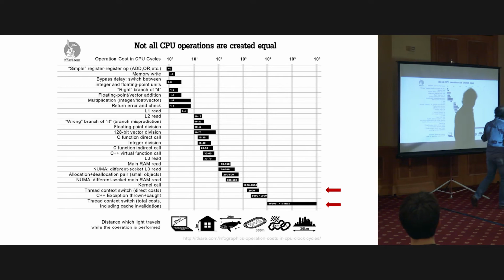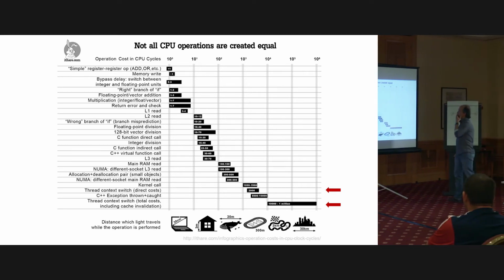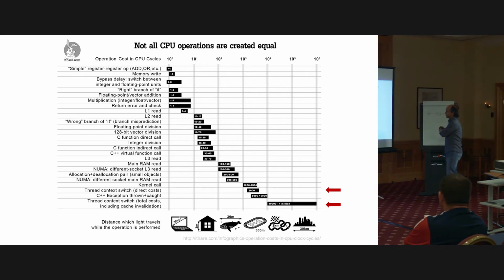Okay, this is a really nice logarithmic scale that the IT here put up, I don't know, last year, year before. And it was great because this is how far light will travel in this period of time during the operation. So this is the CPU cycles, and this is how far light will travel in one cycle. For many years, I have used this as a metric.